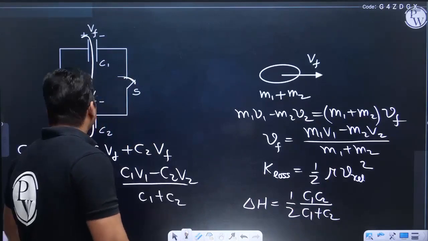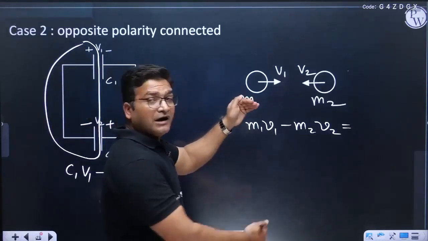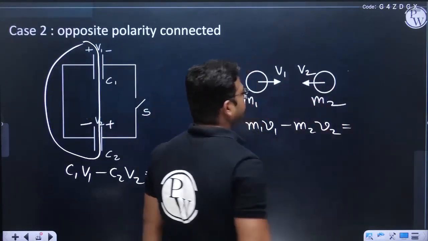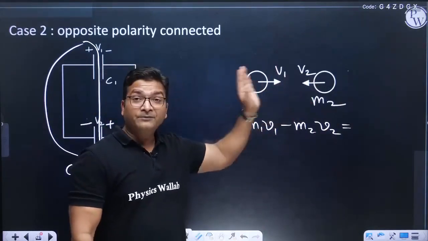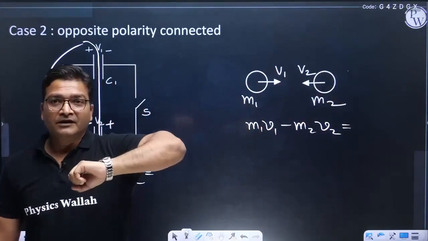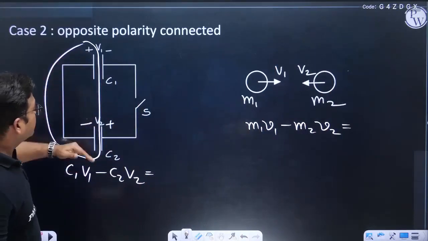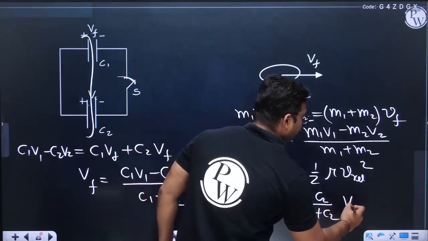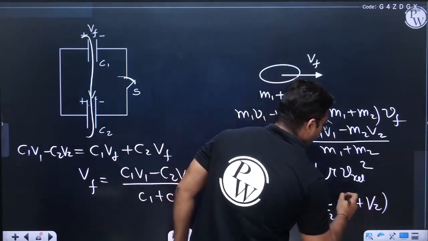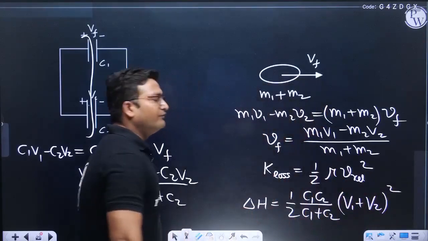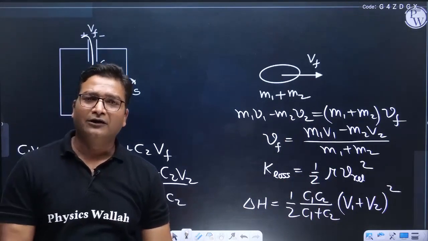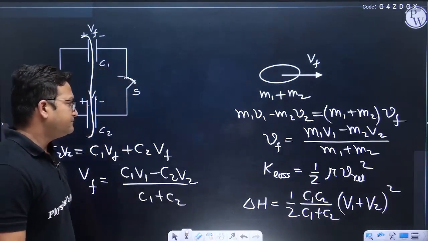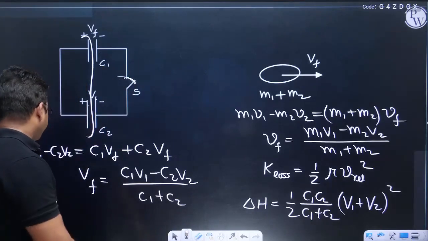This is similar to two masses moving in opposite directions, so relative velocity becomes V1 plus V2. So the relative potential will become V1 plus V2, and we will have V1 plus V2 square. You calculate this and you will have the formula for heat loss. I think you got this point. Let us solve.